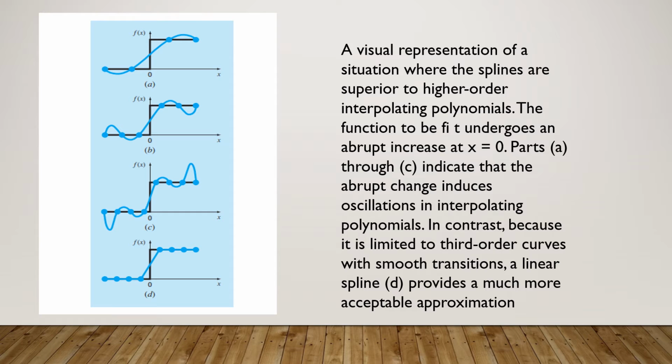Ginagamit ang spline para makabuo or makagawa ng smooth curve. So kung mapapansin natin sa A through C, it illustrates how higher-order polynomials tend to swing through wild oscillations in the vicinity of an abrupt change.